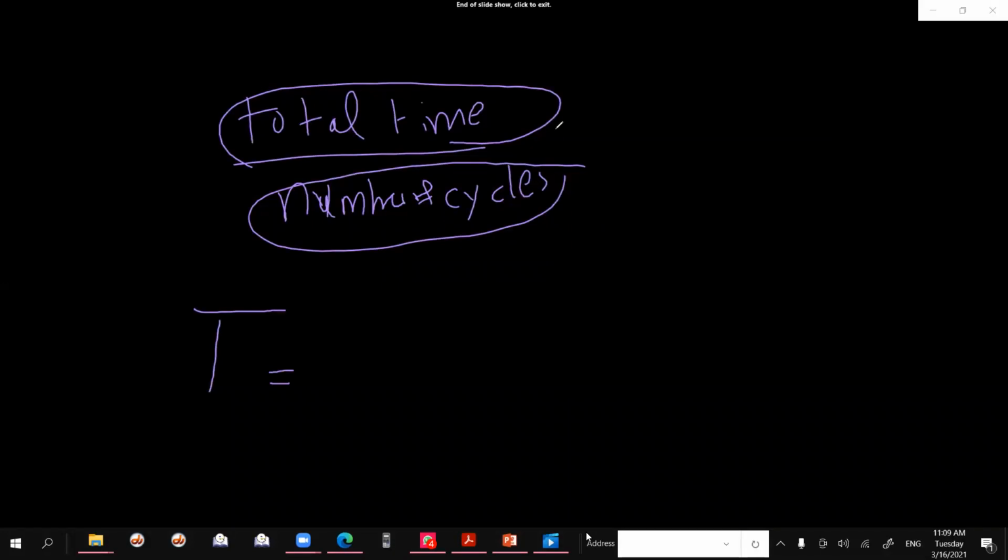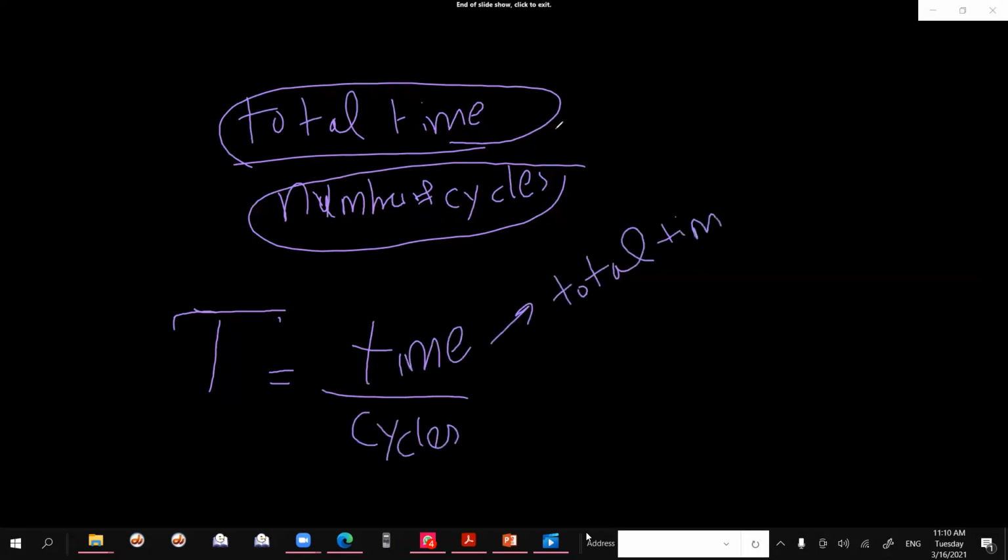So the time that you need to complete one circle, or one cycle, or one rotation, will be called the big or capital T, which is the time over a cycle. This is the total time, and this is the number of cycles.